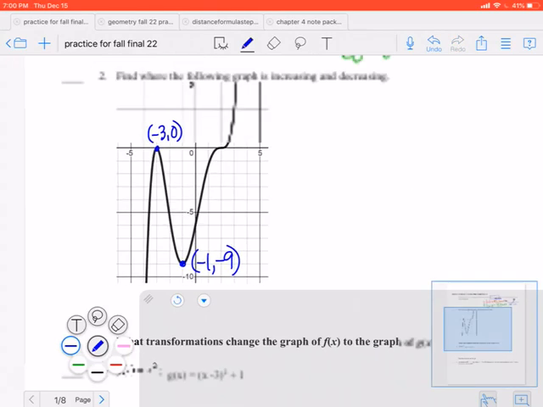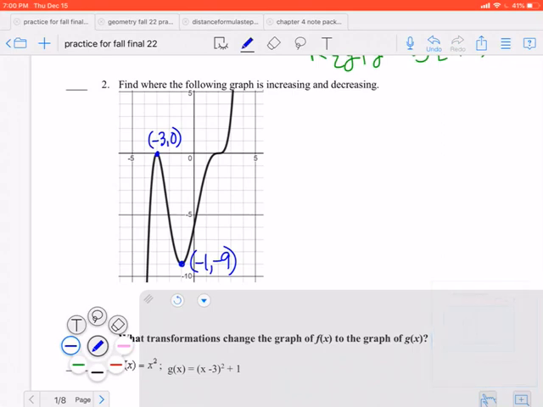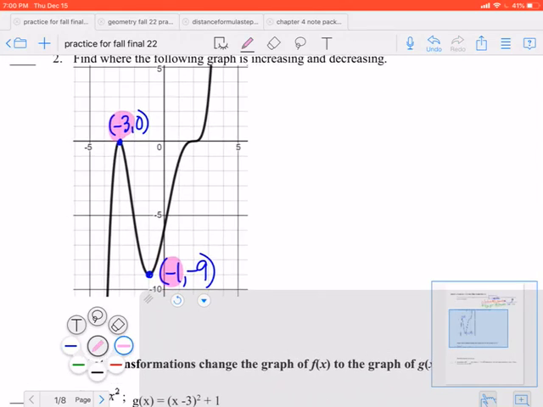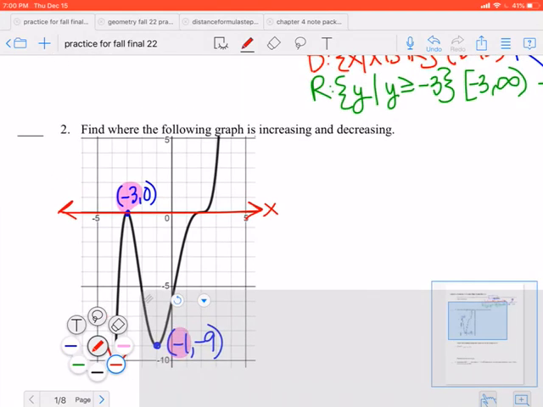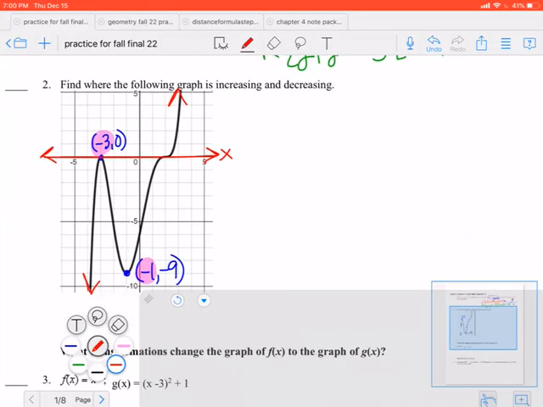So when we say our increasing and decreasing intervals, it's all about the x values. So I'm just going to be concerned with the x values and the x-axis, thinking about the left and right values. This graph doesn't show the arrows, but it's going forever down on the left, forever up on the right.